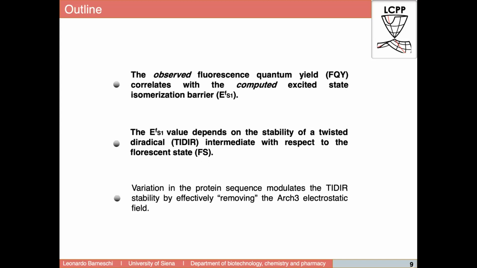What I'm going to show is how with this model we were able to relate the fluorescence quantum yield with the barrier calculated on the isomerization path. More importantly, we found a second minimum on the excited state potential energy surface that features a twisted dihedral and a structure very similar to that of a conical intersection, which correlates very well with the height of the barrier.